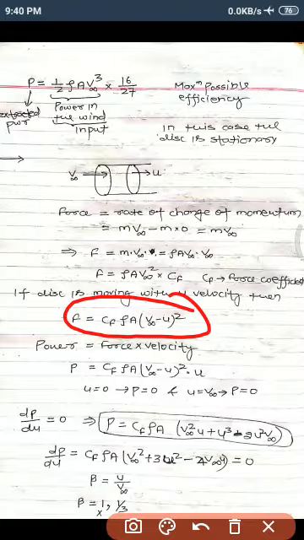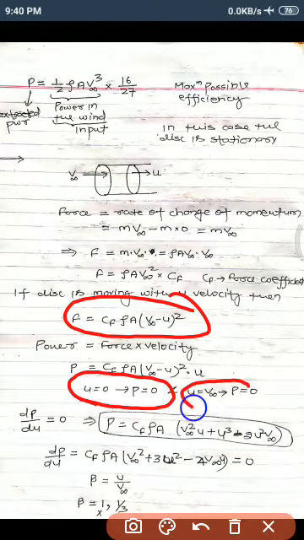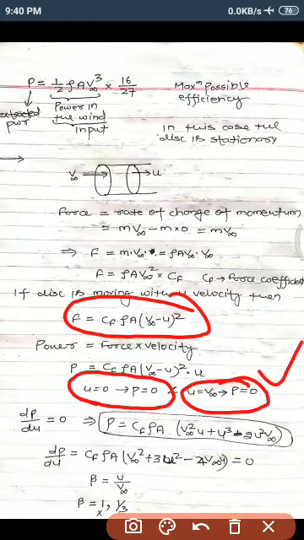If the velocity of the disk is 0, then power here will be 0, and if this velocity is equal to the velocity of the wind, then the relative motion becomes 0 and power is again 0.